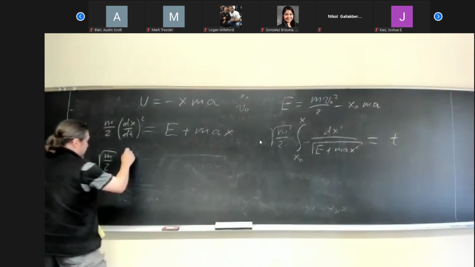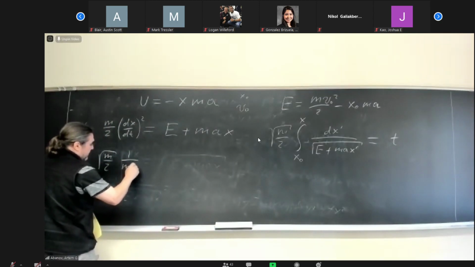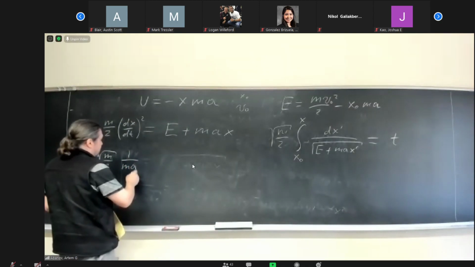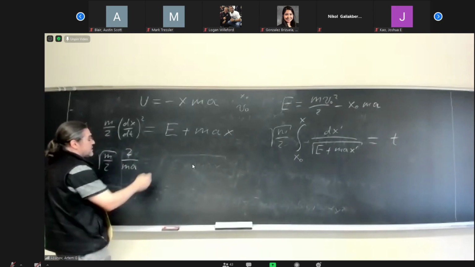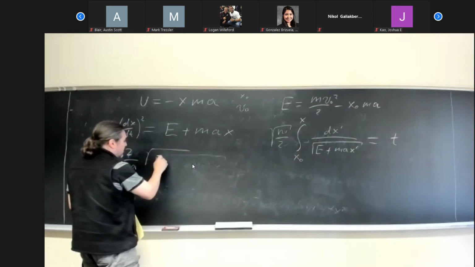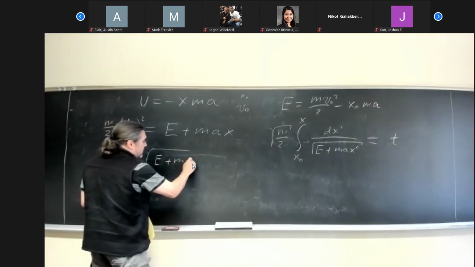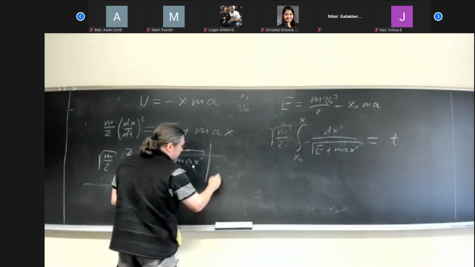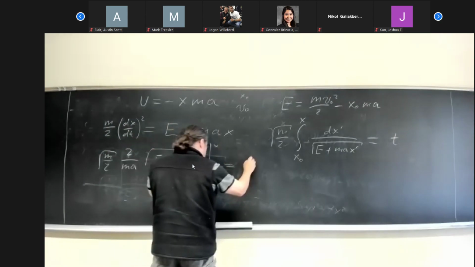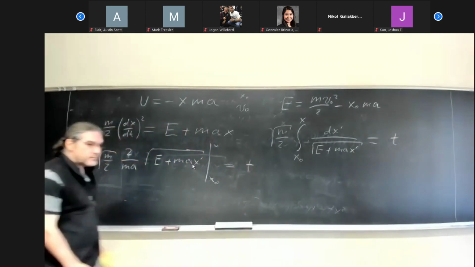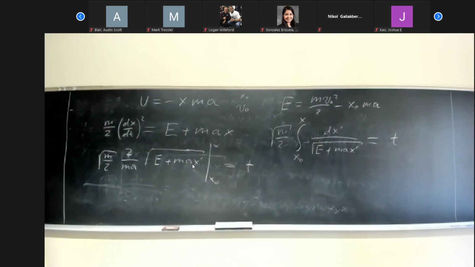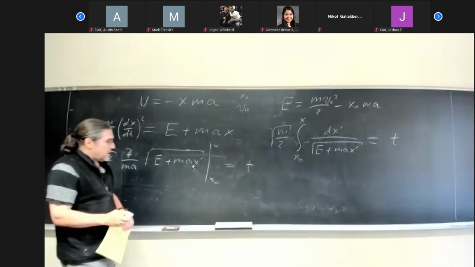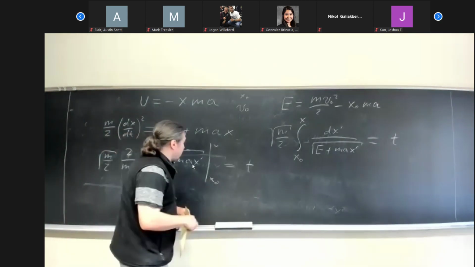So you have 1 divided by m a, then a factor of 2 here, then you have square root of E plus m a x prime, and you need to take it between x naught and x, and it must be equal to t. Right? So that's the integration, and this is the simple part.